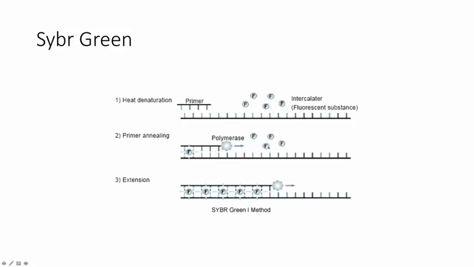So when it's by itself, it's not going to fluoresce, and as soon as it's in the presence of double-stranded DNA, it is fluorescing. So basically, as you get more and more double-stranded DNA, you get greater and greater amounts of fluorescence from the cybergreen. So it's a way in real time of measuring how much double-stranded DNA you have in your reaction.